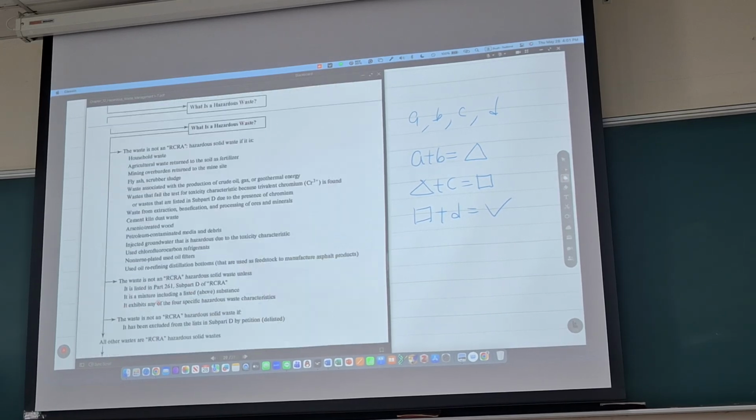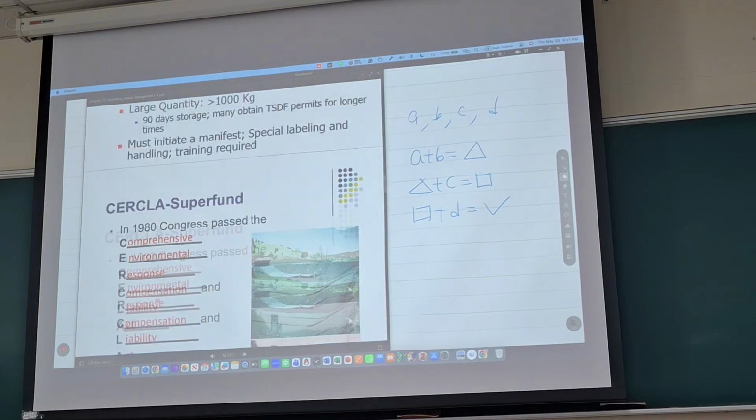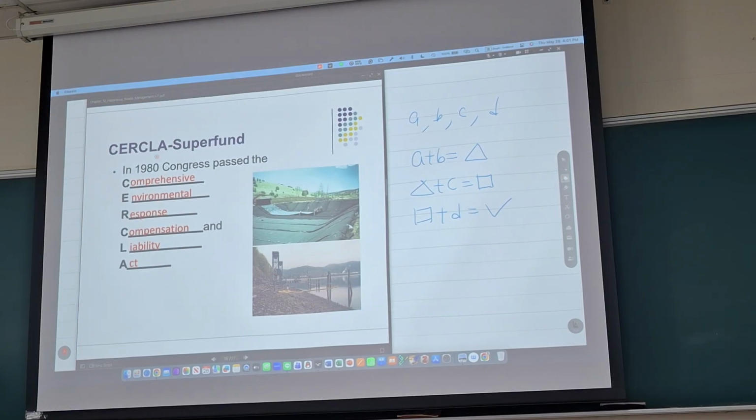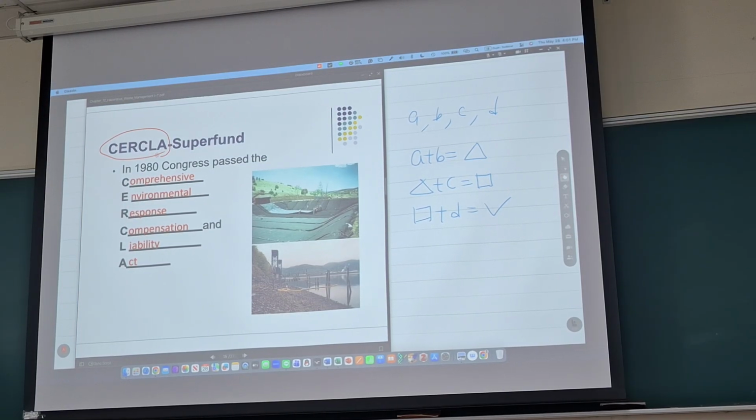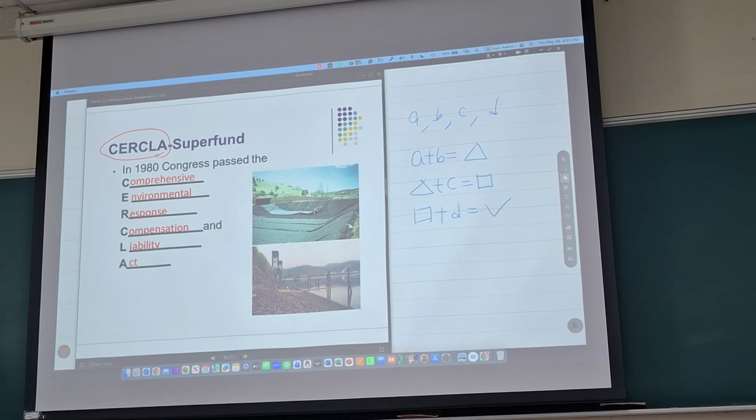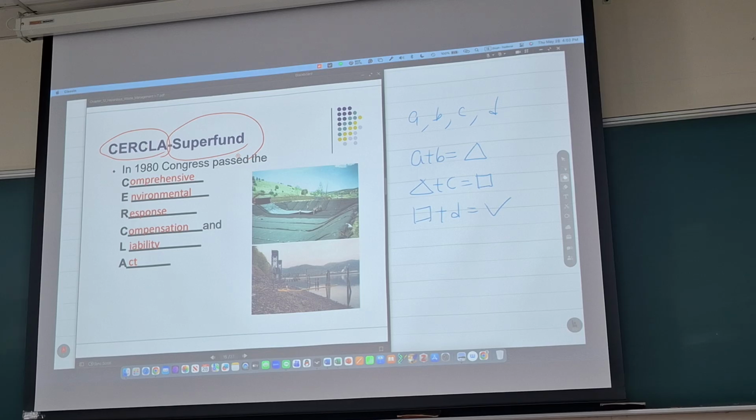Okay? And there's another one, very similar. This one, CERCLA. This is not a law. This is the funding, the Superfund. This is money.